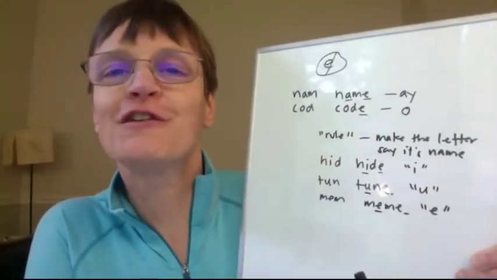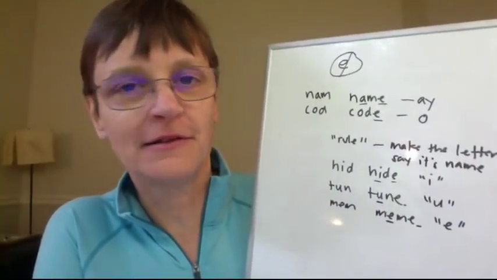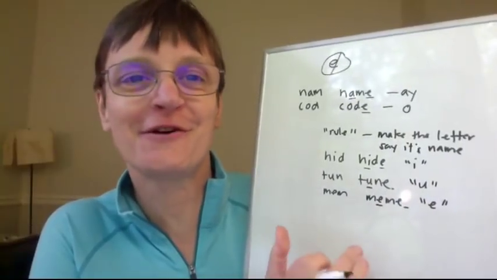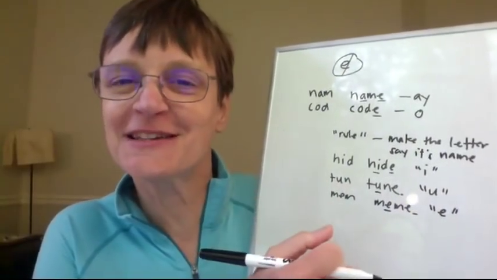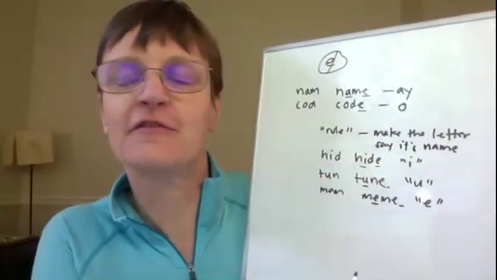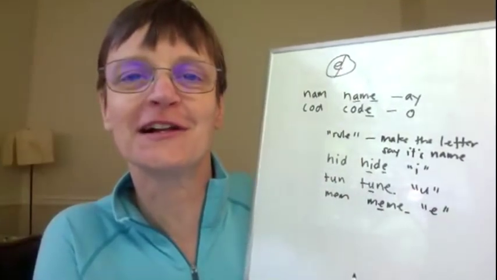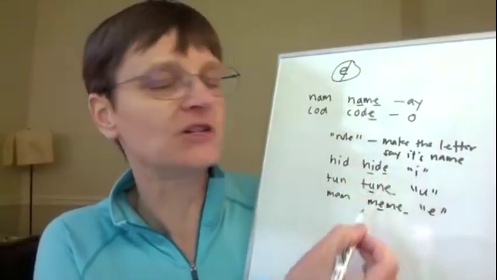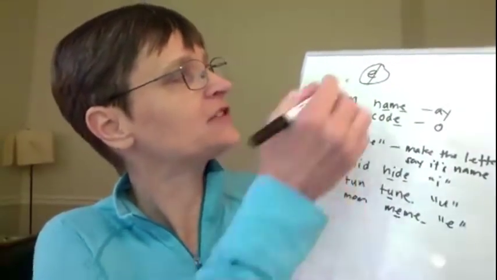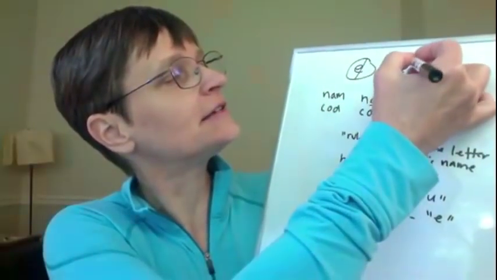So you may have learned that when you were learning to read and spell in American English. We do have some spelling rules that work. Now there's always going to be exceptions to the rules, but when you see that E, that can help clue you in that the other vowel in the word is going to be a clear vowel and is going to match the letter name. So that's one case where the E is silent.